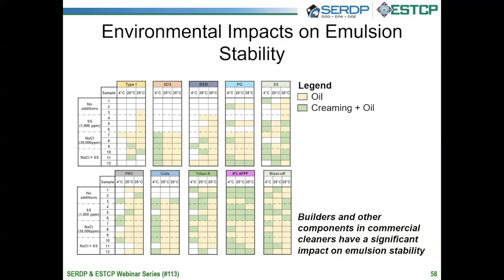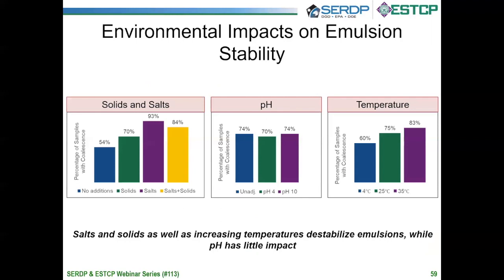And so this is provided in order of stability. You can see here what we determined was that, as expected, builders and other components in commercial cleaners have a significant impact on emulsion stability, and we cannot rely just on the primary surfactant as a reference point for whether a solution will actually be emulsified or not.